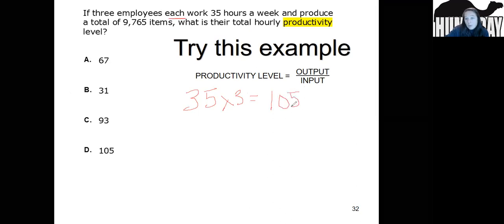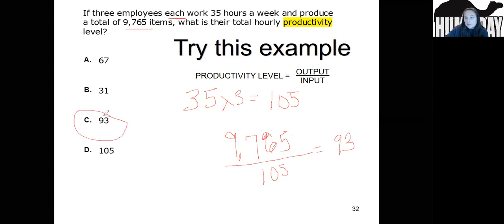But remember, the hours are what they're putting into making 9,765 items, so the 105 goes on the bottom. Your output is the 9,765, divided by 105, and when you put that into the calculator, you get 93. So these employees are producing 93 products per hour.